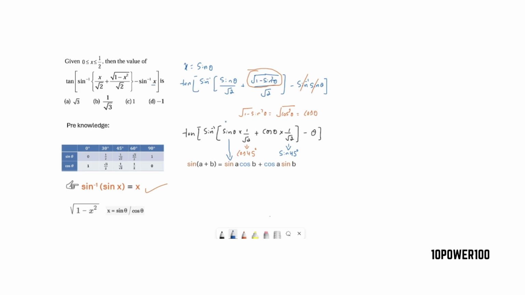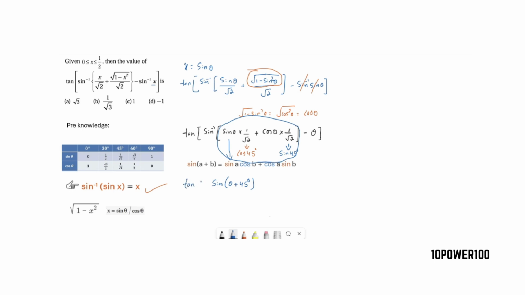The overall answer for this, we can write it as sine of A is theta plus B is 45 degree. Very important step for this, children.